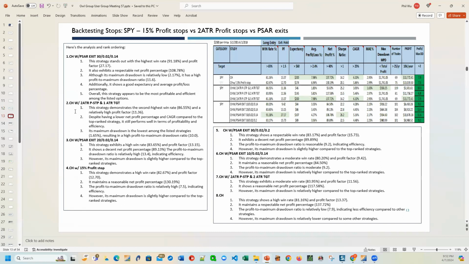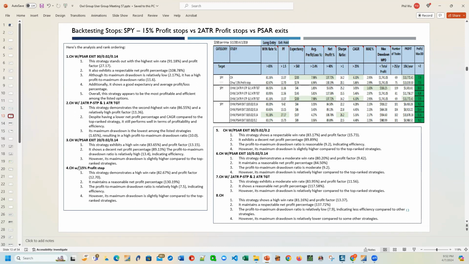And then the next one was the 2 ATR protective stop with a 1 ATR target. That gave the second highest winning rate, and so forth. The one that was the lowest ranked was without the target exit.